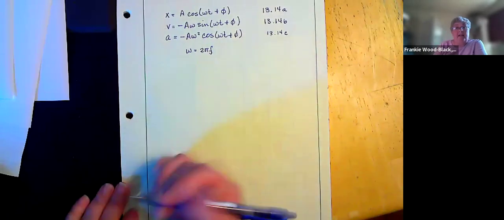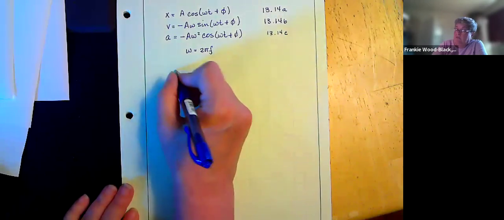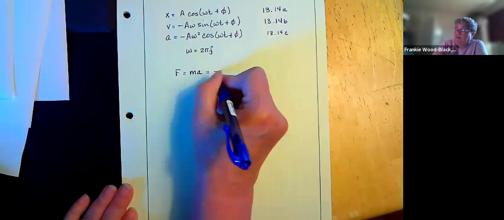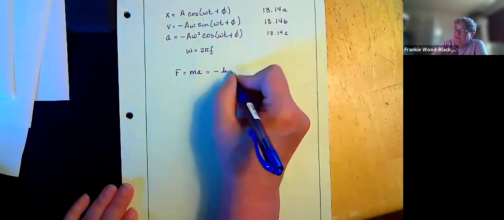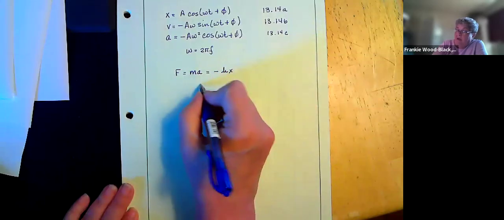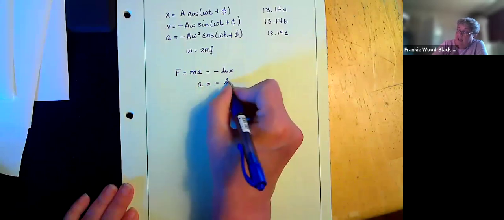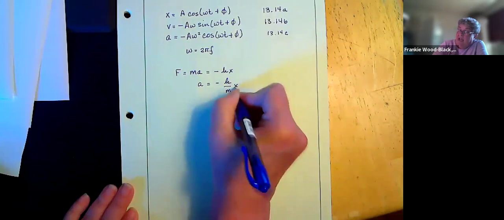We can go back and look at my forces. So I can have force is equal to mass times acceleration, which is equal to minus k times my x. And my acceleration is going to be minus k over m times x.